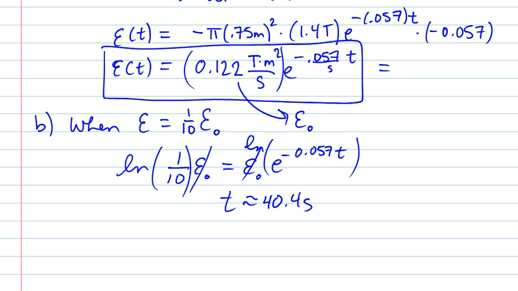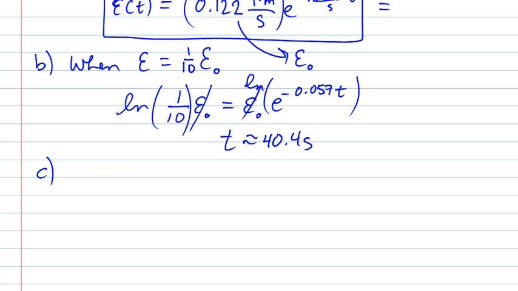Okay, now in the last part, part C, we want to find the direction of the induced current in the loop as viewed from above the loop. Okay, so this is where it gets a little bit tricky. So here's above the loop, okay? This is kind of a top view. And so that means that the magnetic field is coming out of the loop.